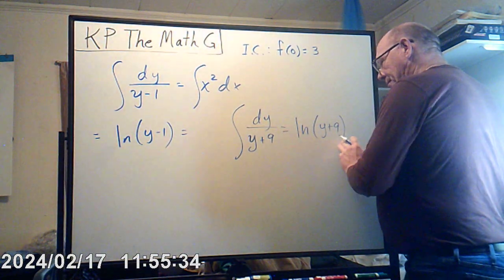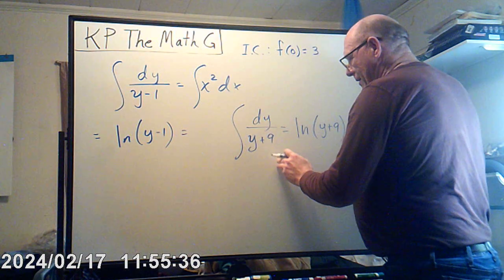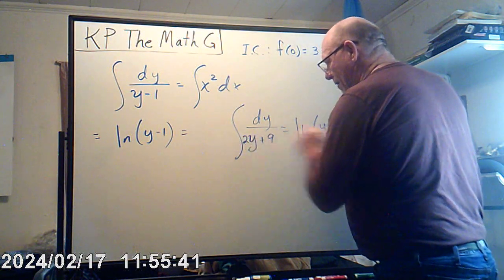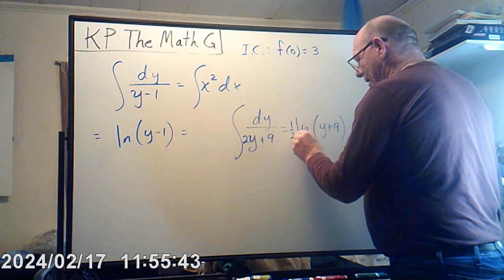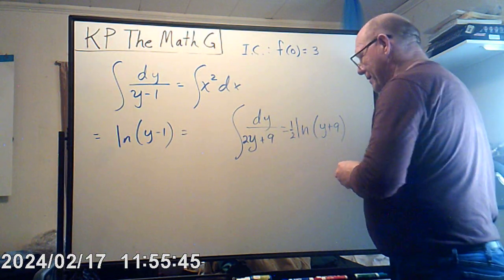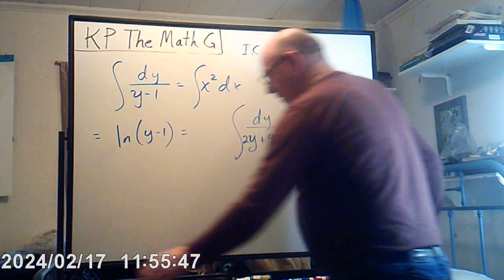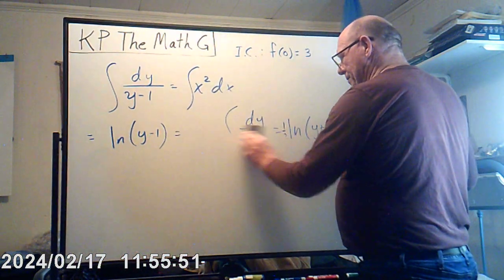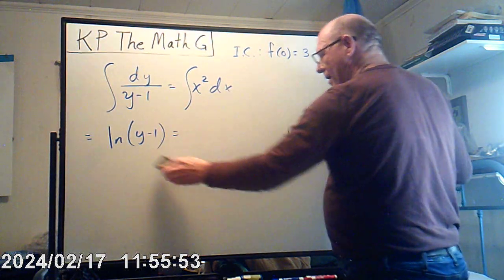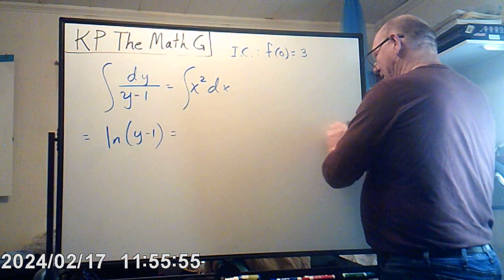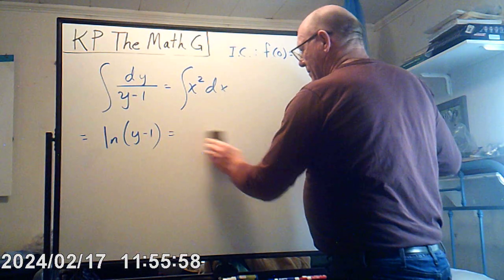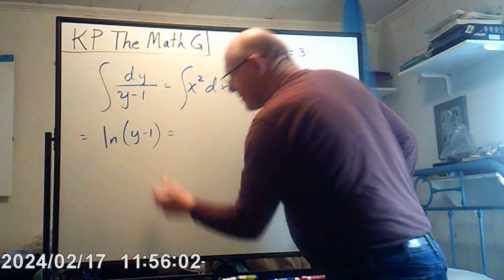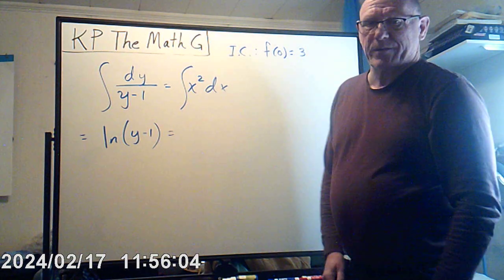Now if I had something like 2y, you would have to put a 1/2 in front of that. If you just have a single y like that, that's ln on that side. If you'd like for me to do another video on that, I'll be more than happy to do so.